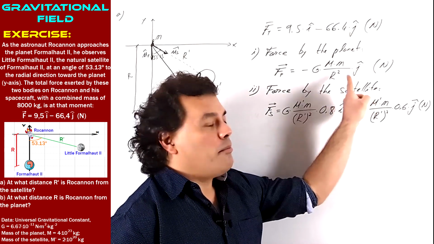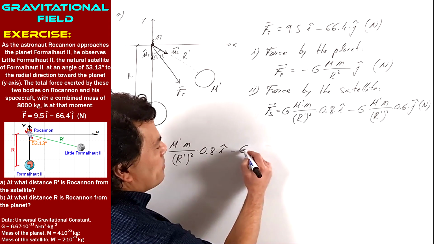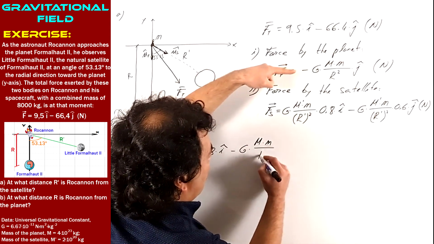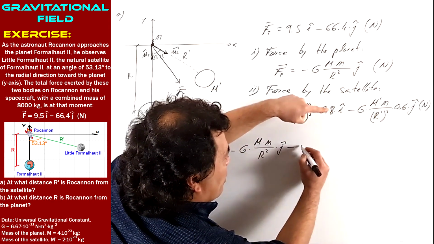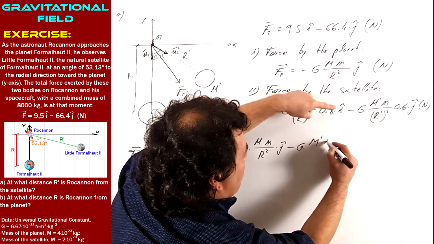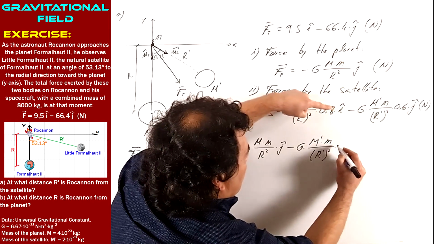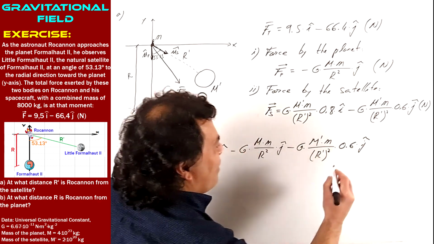And vertical components, these two ones: negative G M divided by r squared, j, minus G M prime M divided by r prime, also squared, multiplied by 0.6 j.